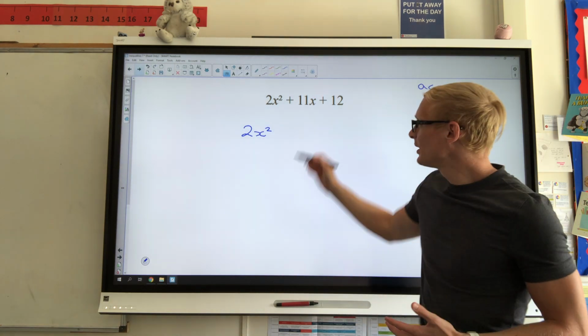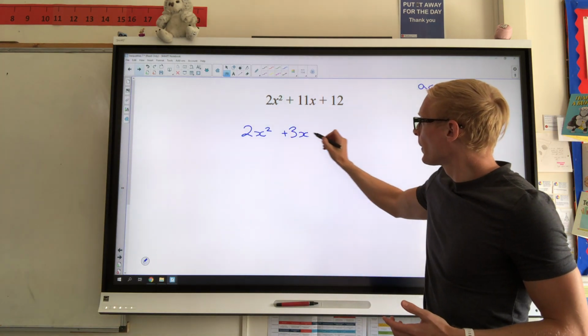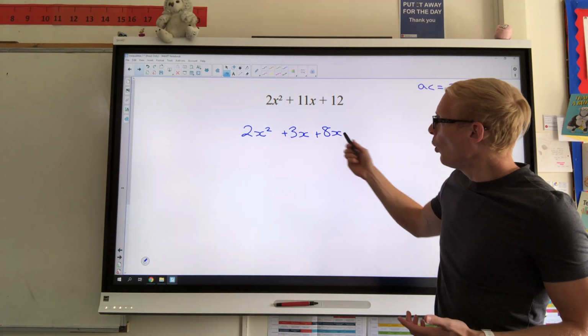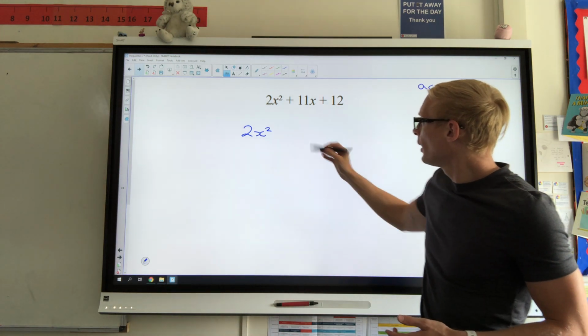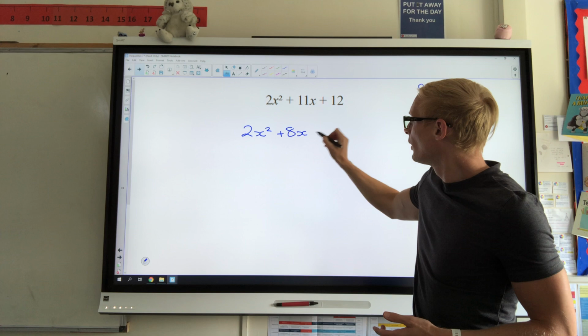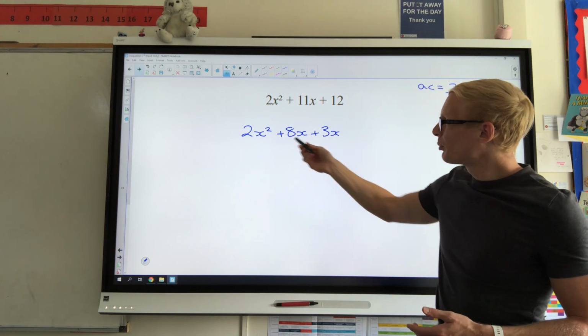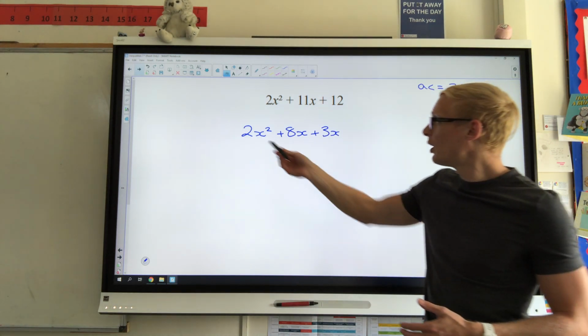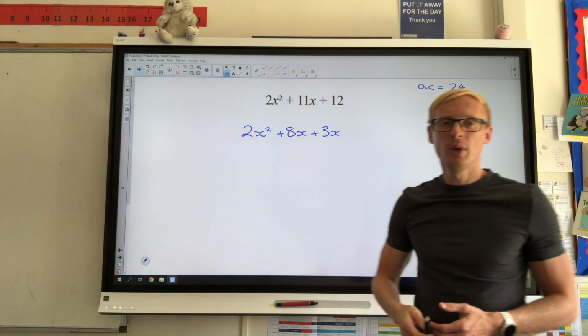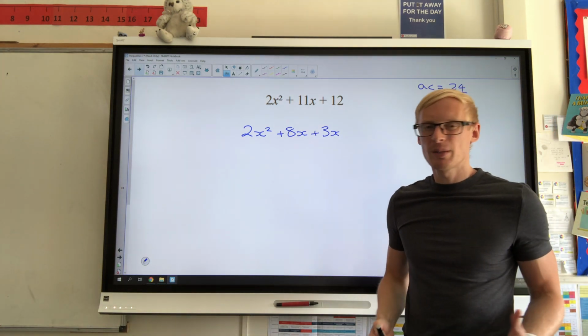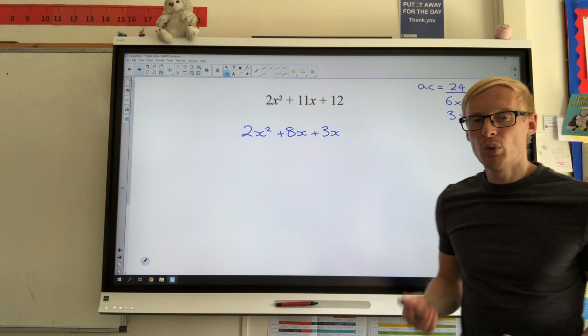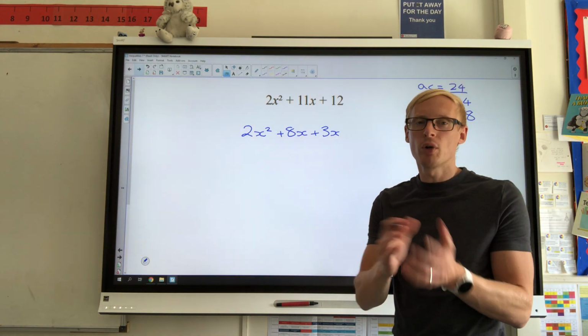So if I'm debating whether to put 3x and 8x, or to swap those round and do 8x and 3x, well, I'm probably going to go with the 8x just because I know that I can factorise it with 2, and that just feels like it's going to be slightly easier to me. It doesn't matter, you will get the same answer.